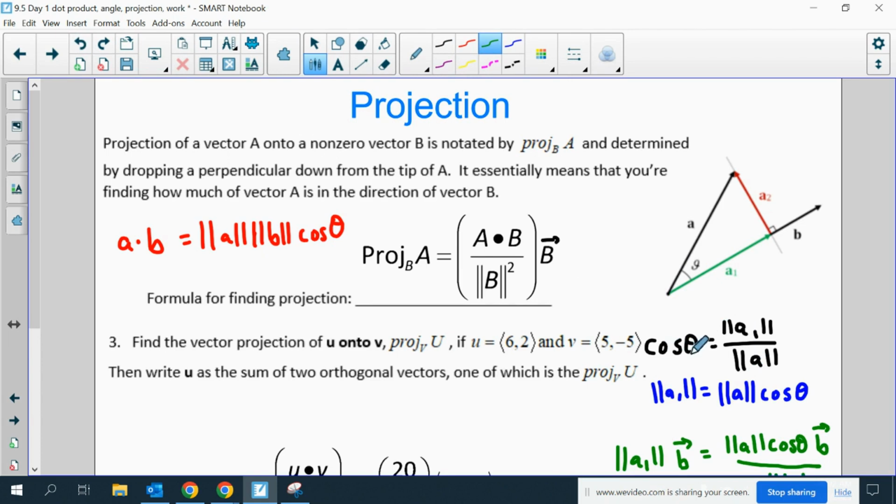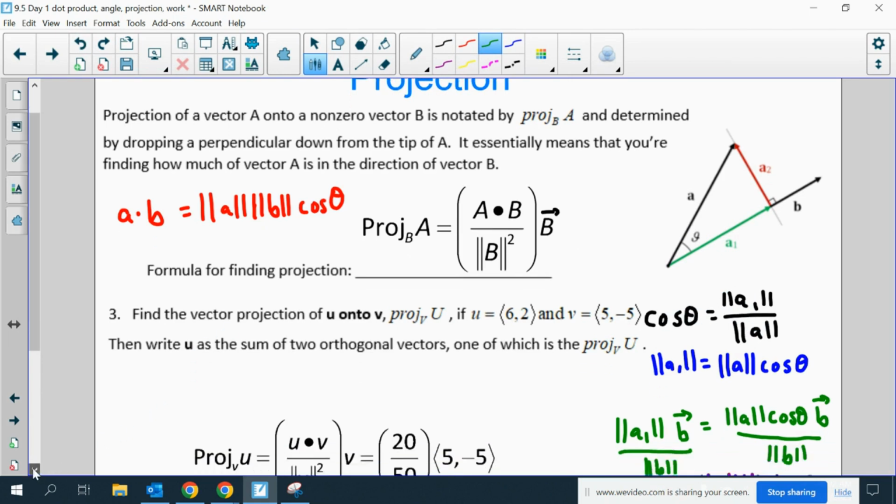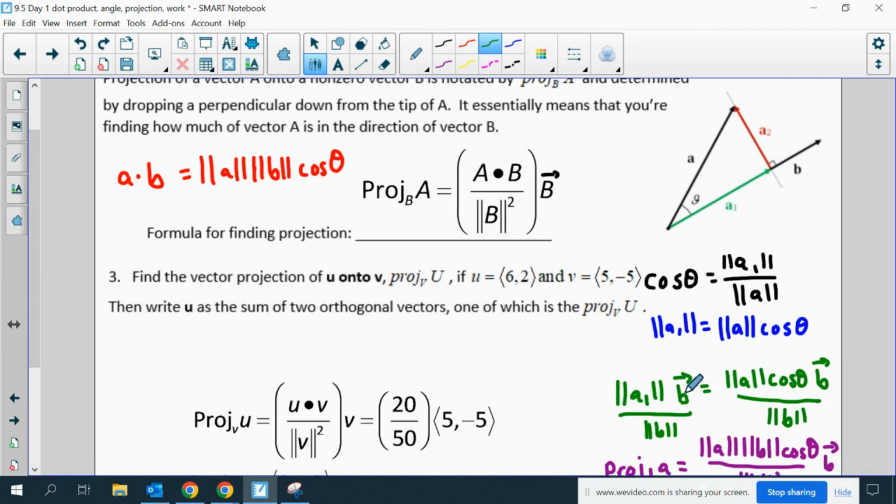So I multiply the magnitude of A to both sides. Then I'll multiply by the vector B, which gives me a direction, but it also gives me a magnitude. So how do I keep the value of this the same? Because I want to keep the magnitude the same. If I multiply by the vector B, I have to divide by the magnitude of B as well to keep it a unit vector.